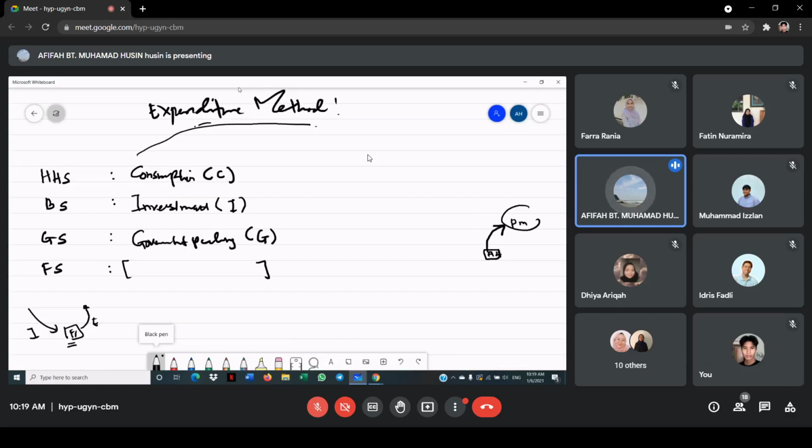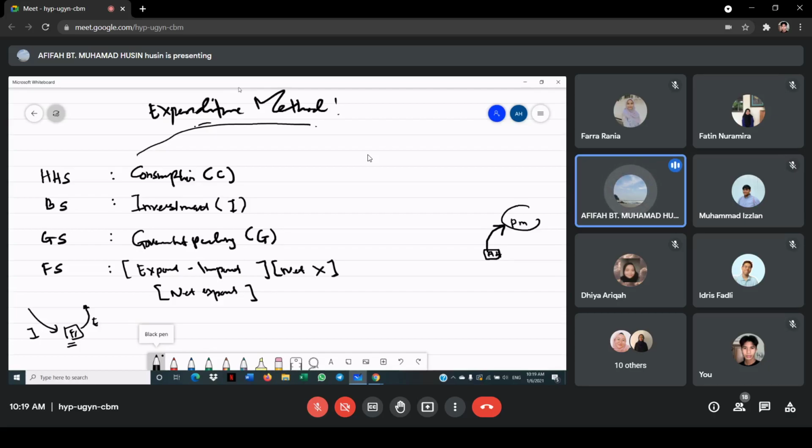So the net of this, we call it net export. Net export is export minus import. Okay. So this one adalah net export. You ambil net terus. Tambah tolak terus. So this one we denote as what? Net export. Okay. Net export.